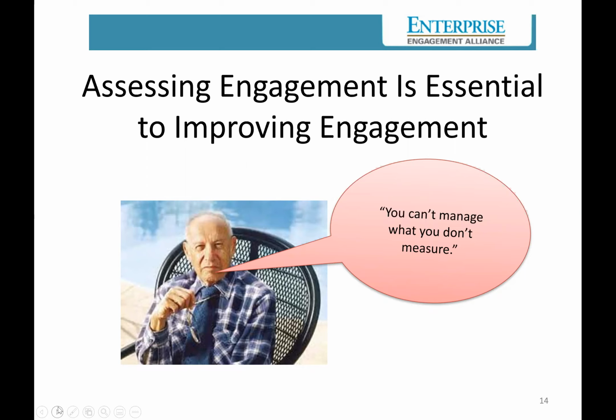So anyway, it's critical to start with a benchmarkable engagement strategy survey that links. This is what's really important when you're looking at a survey. Does that survey link to business impacts? It doesn't matter whether people are happy.